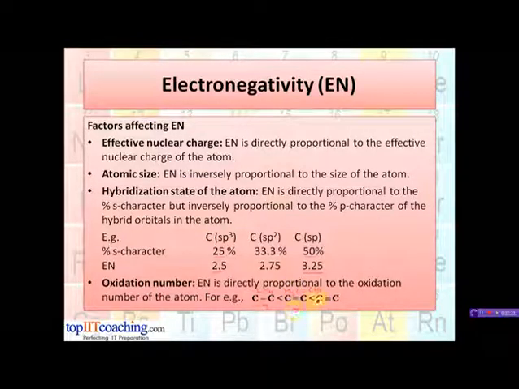And in triple bonded carbon, it is -1, for example in ethyne. Now, as the oxidation number is increasing, that is from -4 to -1, the electronegativity of the carbon also increases in the same order.